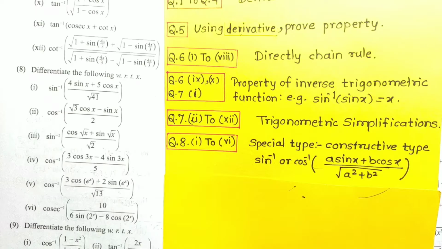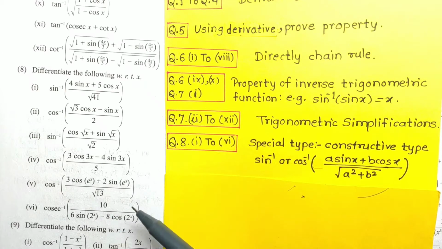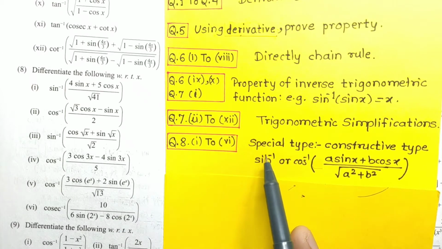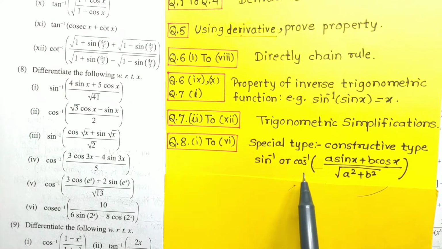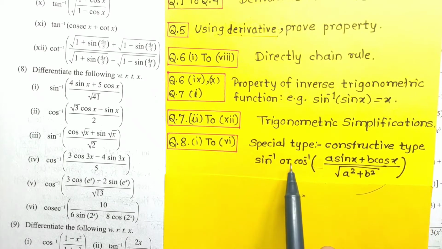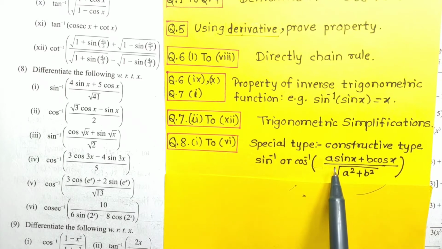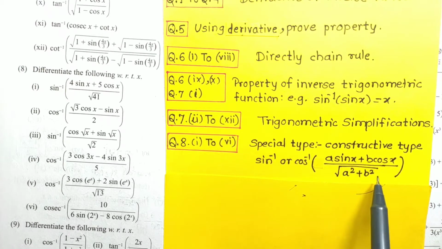Then this is question number 8 and we have considered it as a special type. It is quite a constructive type. It is of the form sin inverse of cos inverse of a sin x plus b cos x upon square root of a square plus b square.